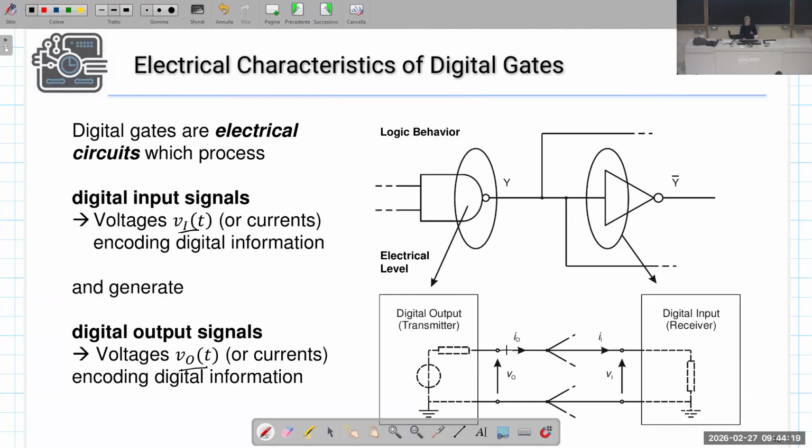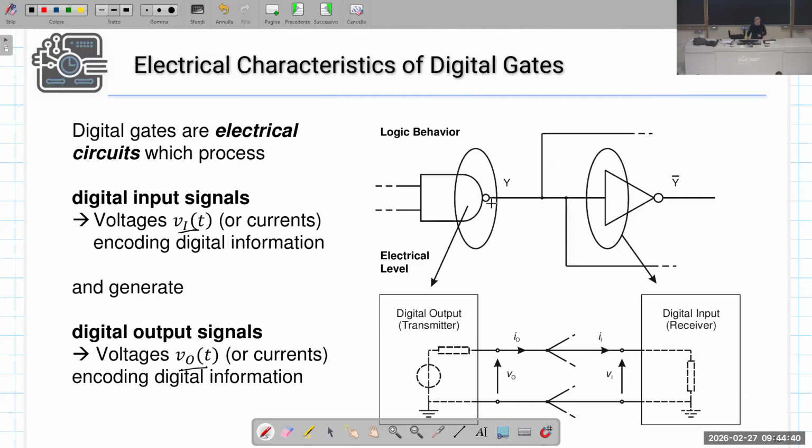Okay? What should be clear? Outputs, generators, sources, voltage sources. Inputs, loads. The voltage of the line which carries the logical signal is forced by the output of the gate.